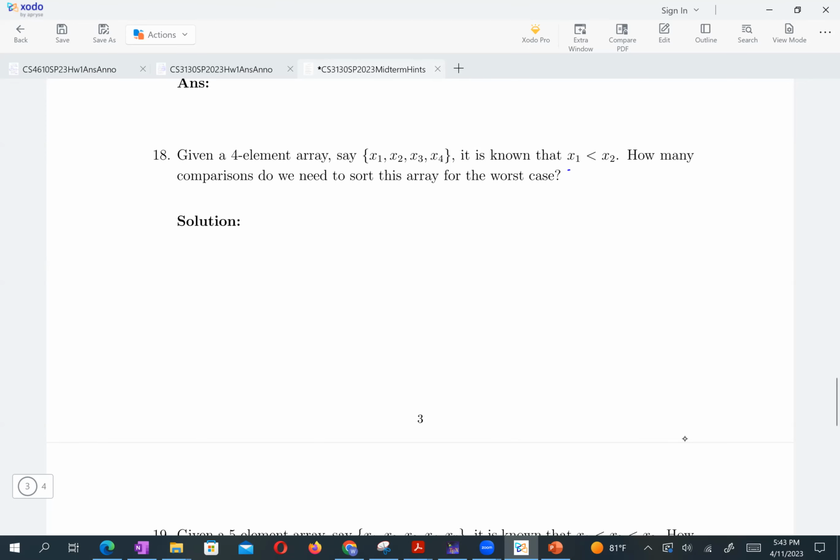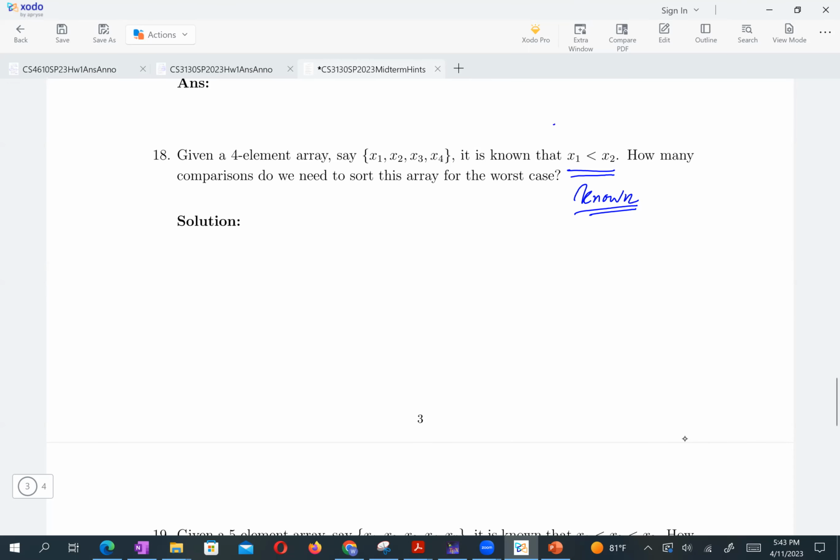All right, so this information is known. Okay, it is known. You can use this information directly. So here, if you want to do comparison between X1, X2, then you do not need to do that. That comparison is saved.